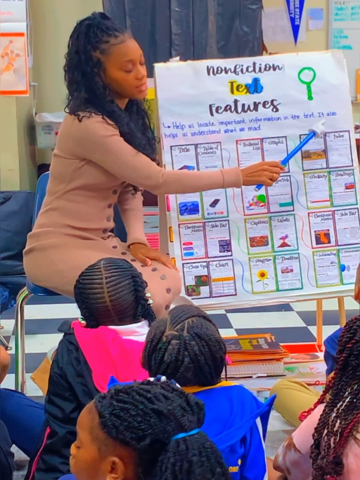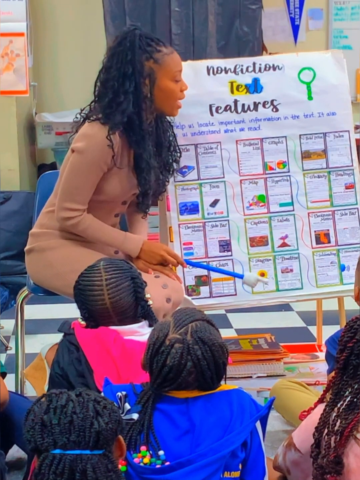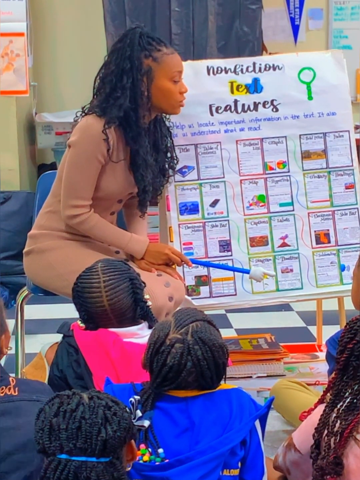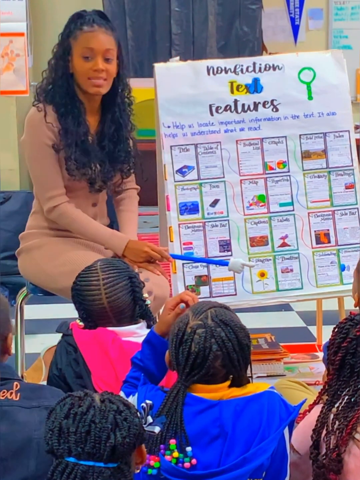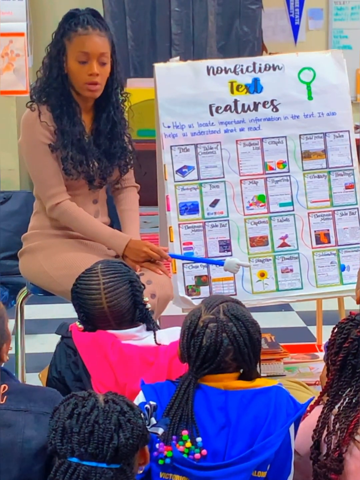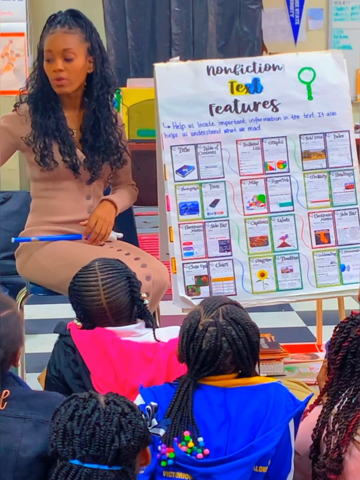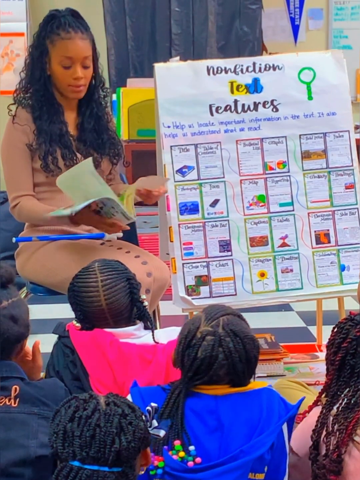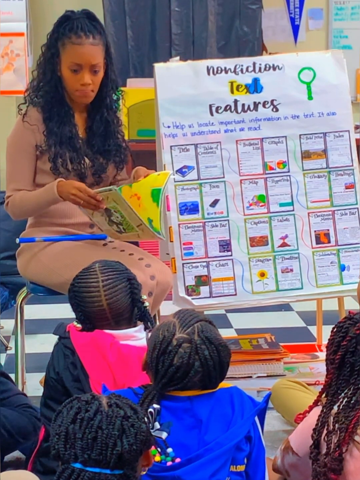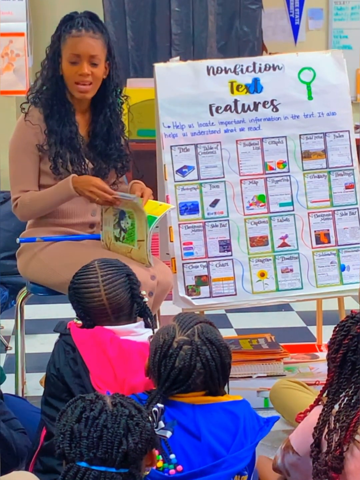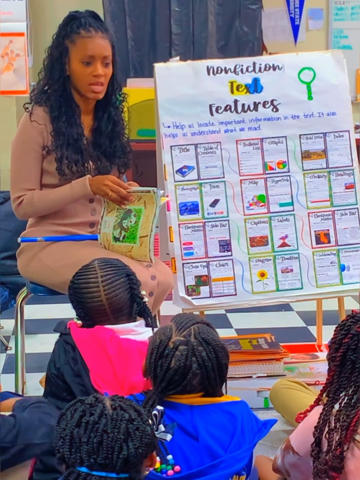And lastly for today, the index. An index tells what page to find specific information in the book. The index is in alphabetical order. So for instance, if we're reading a book and it's about the pandas, and it has a word called species, and you want to know, where can I find this word species in the book?